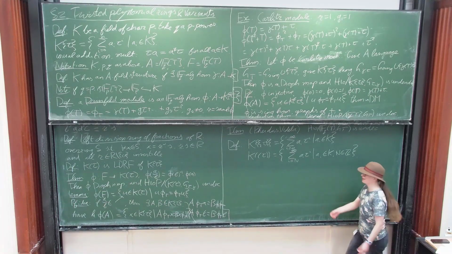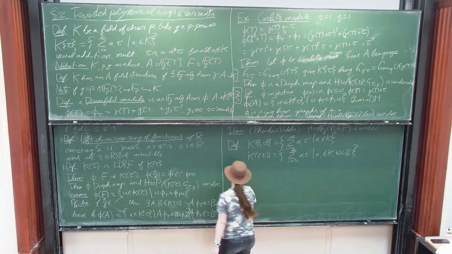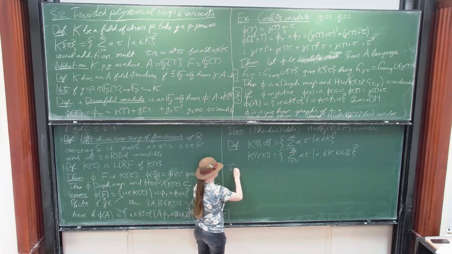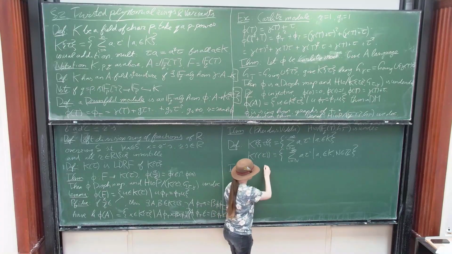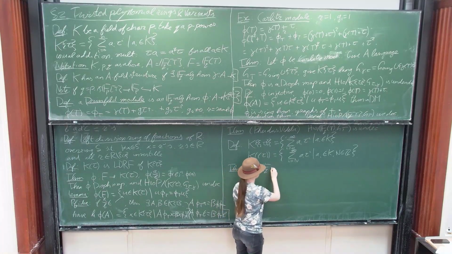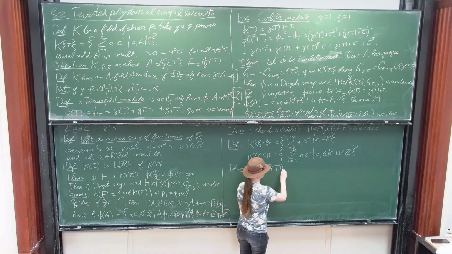You can notice the pattern, but this time it's a little bit unfortunate, because we can still extend phi, but now we start in FQ double brackets t, square brackets t first.